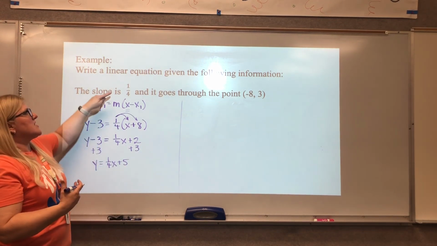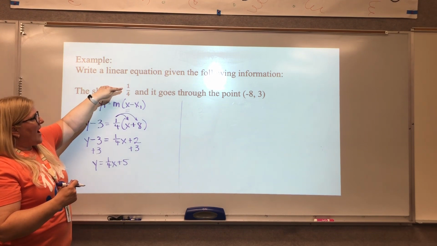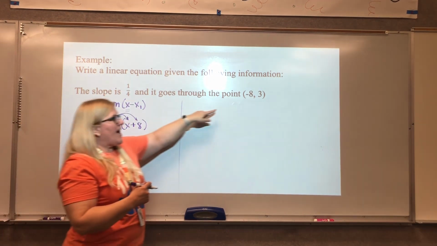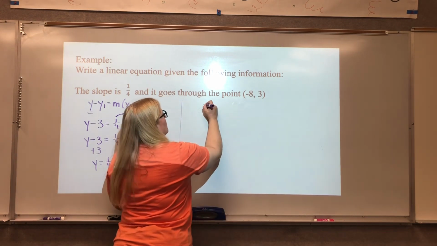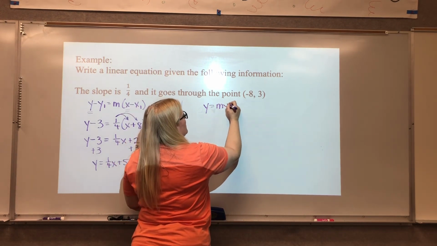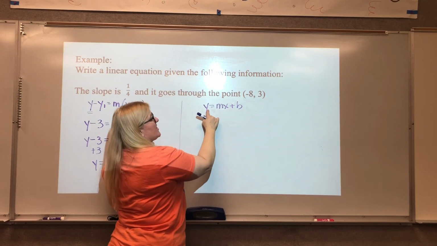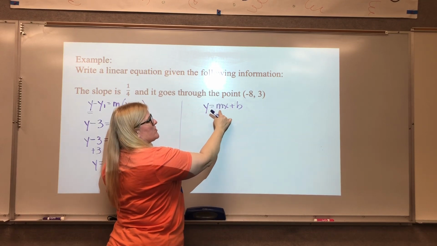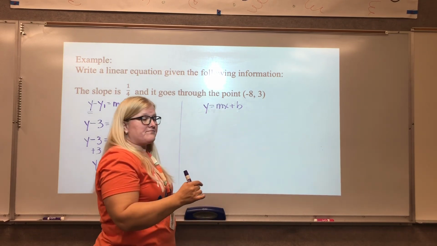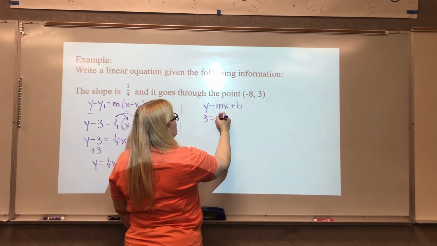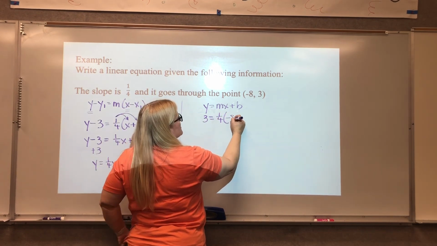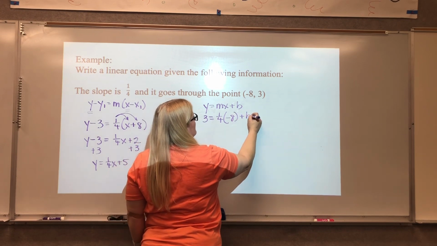Another way to do it is to think about it like this. I have m, and I have an x, and I have a y. So I can use y equals mx plus b and fill in all of these variables and solve for b. So y is 3, the slope is 1/4, x is -8, plus b.